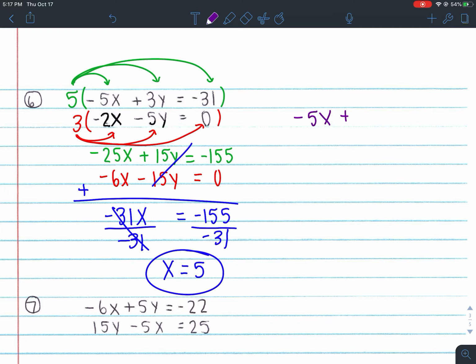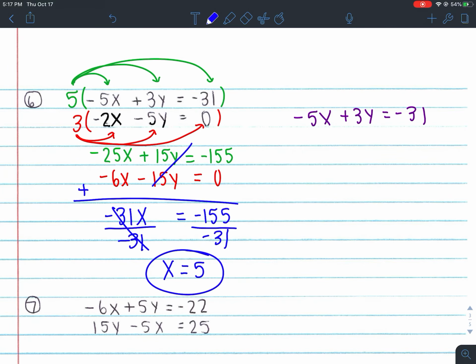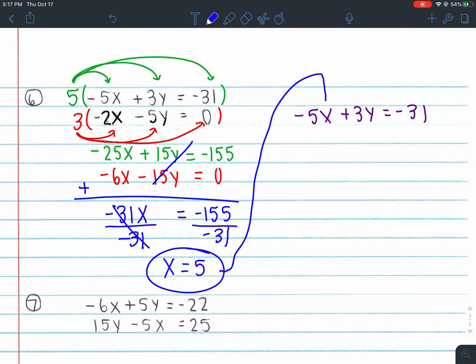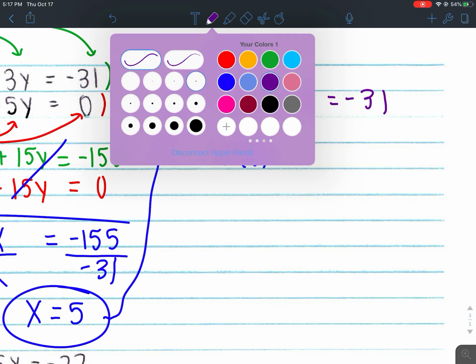All right, so again, pick one of your equations. It doesn't matter which one. I'm going to pick the first one just because I like to. And you're going to substitute, right? You always use substitution for that second part. You're going to plug in 5 for the x value of the other equation. And anytime you plug in, you use parentheses.